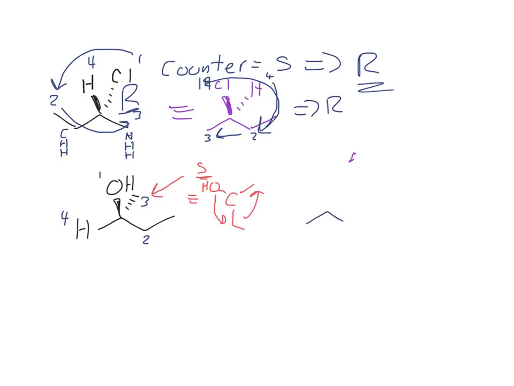Alternatively, we could swap two groups. Let's swap the H and the methyl, because we know that we want the H in the back. So here's the methyl. We swap the H and the methyl. And now we could assign priority to everything here, leaving the OH and the ethyl in the same place. And again, 1, 2, 3, 4.